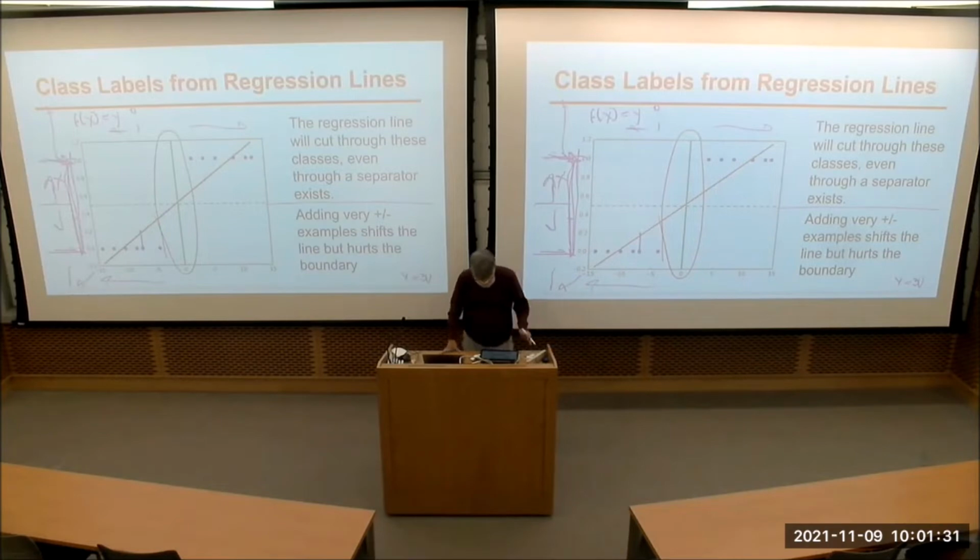But these outliers will dramatically change the thing. And notice that if we put an outlier far enough away, the line is going to get dragged so far in that direction that eventually this point is going to be considered negative. Any questions about that?